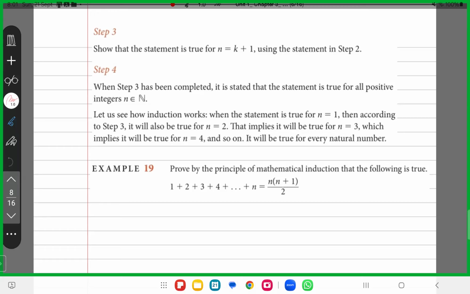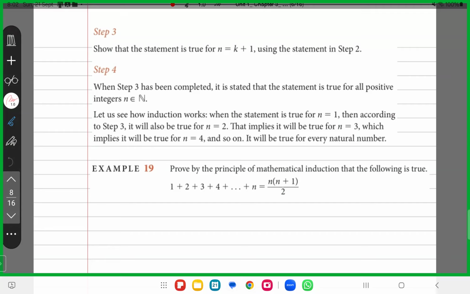So in other words, we're going to use 2 to prove that 3 is true. Then when step 3 has been completed, it is stated that the statement is true for all positive integers n, which is an element of the set of what? Natural numbers.